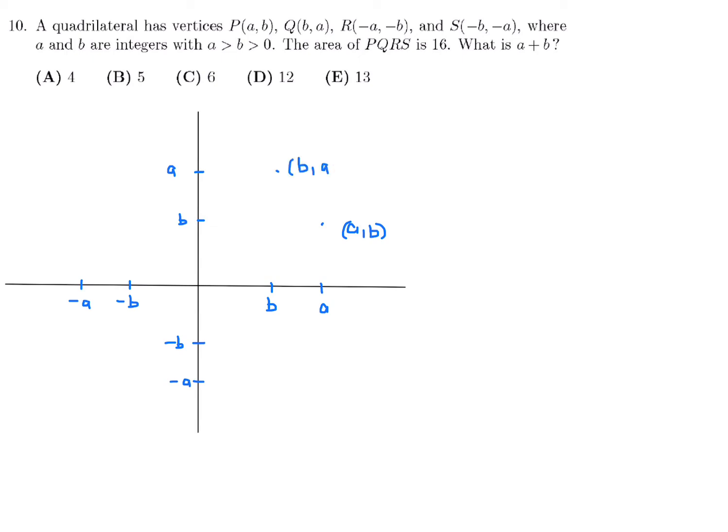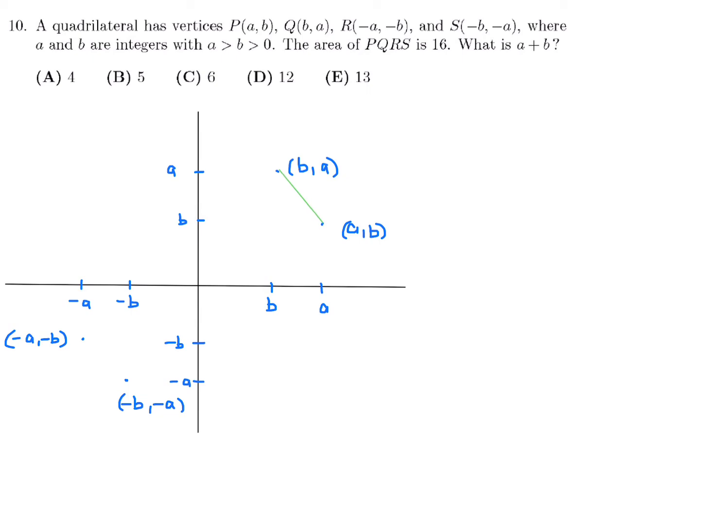And then the other guys are what? The negative B, negative A, which is here, and the last one is negative A, negative B, so that's here.